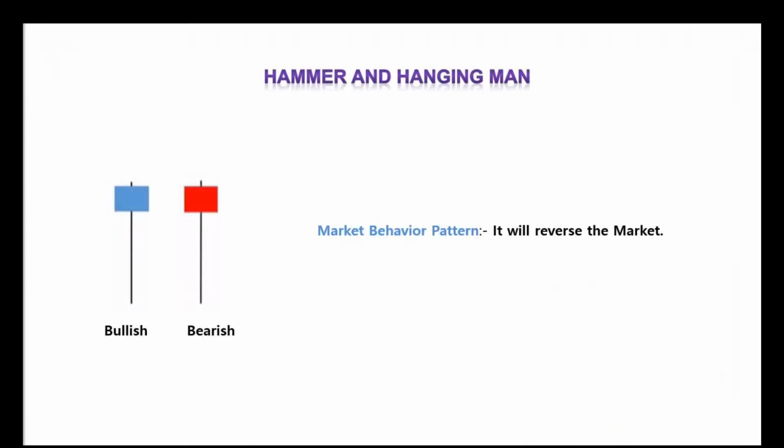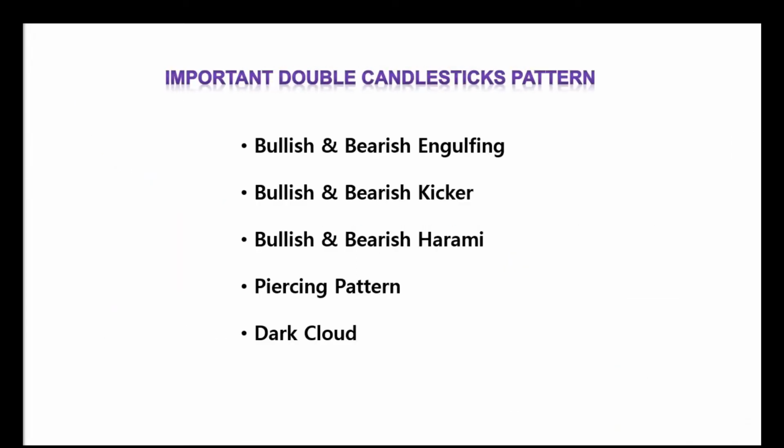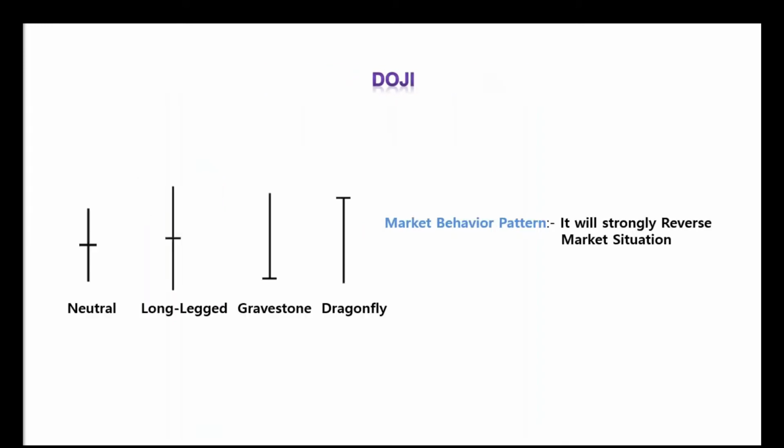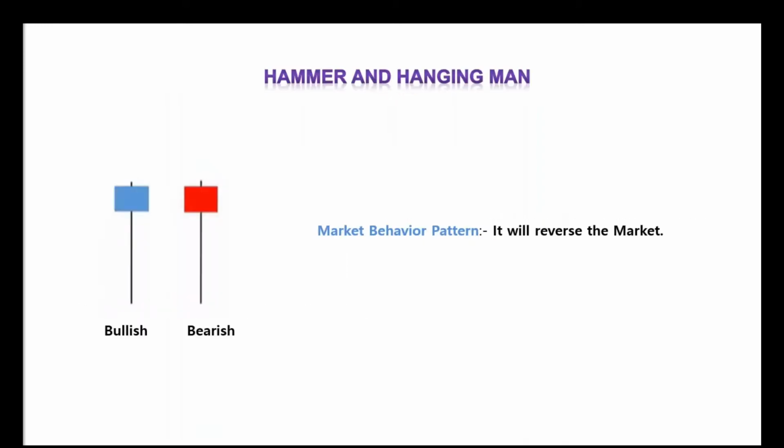So let's go further with our next candlestick patterns. Before the hanging man, there are also other candlestick patterns, which are like the reverse of the hanging man, which will be called the inverted hammer or a shooting star, where the same thing will be in the opposite direction.